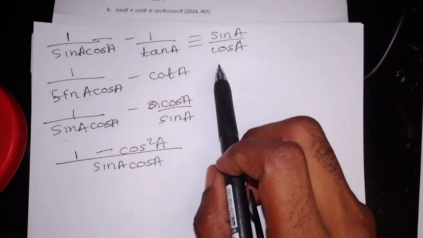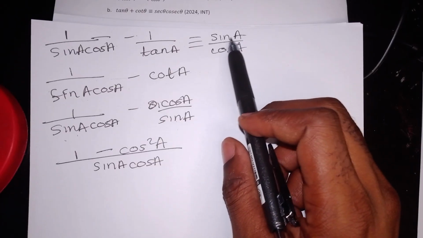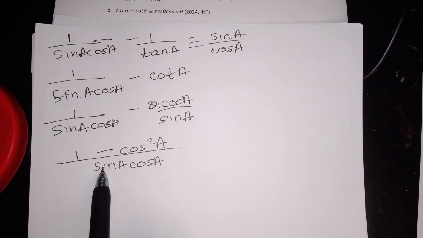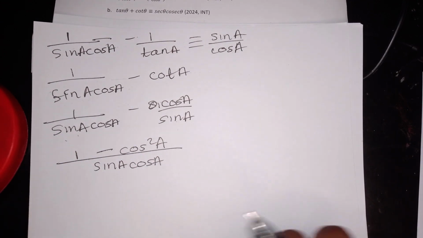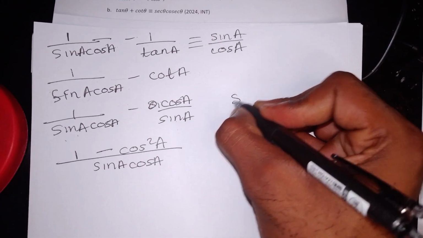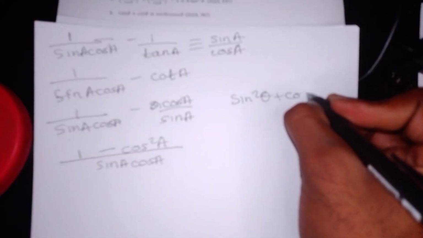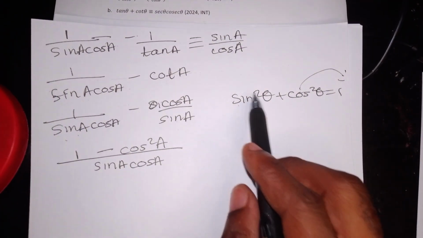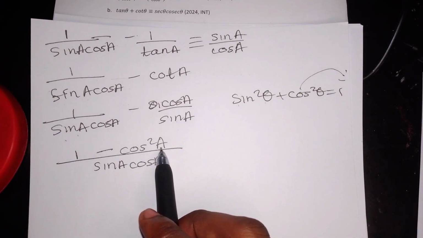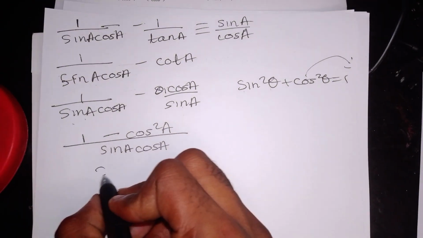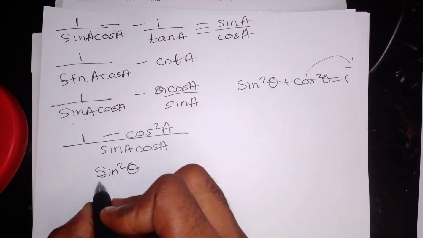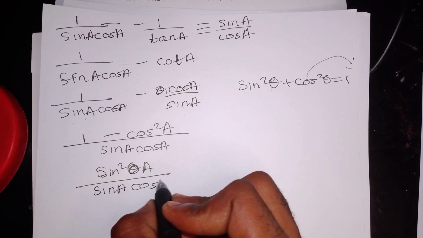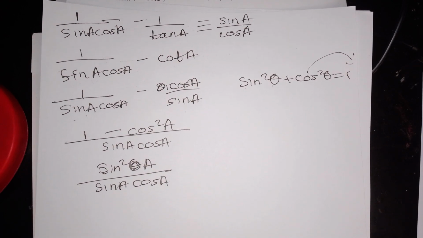Now remember, you want sine in the numerator, and then you need a cosine in the denominator. So you want to get rid of this, and then you want to change this to sine. So remember, this is from this identity. When you take this one to the other side, you have sine squared theta is equal to 1 minus cos squared theta. So this will simply be sine squared A over sine A cos A. This is similar to what we were solving earlier.